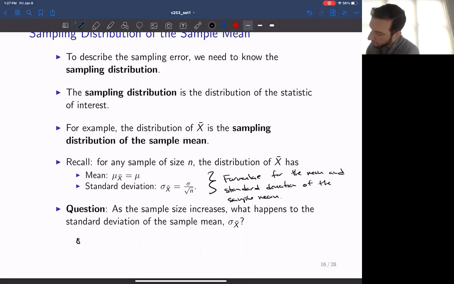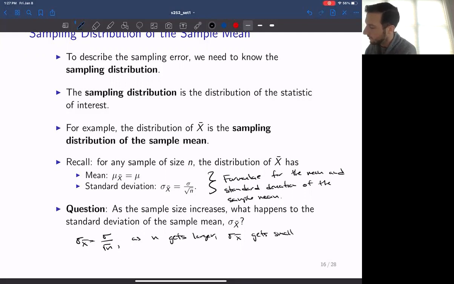So sigma x bar is equal to sigma over the square root of little n. As n gets larger, sigma x bar gets smaller, right? If we make the denominator of the expression bigger, we're just shrinking the result. So the bigger the sample size, the smaller sigma x bar.